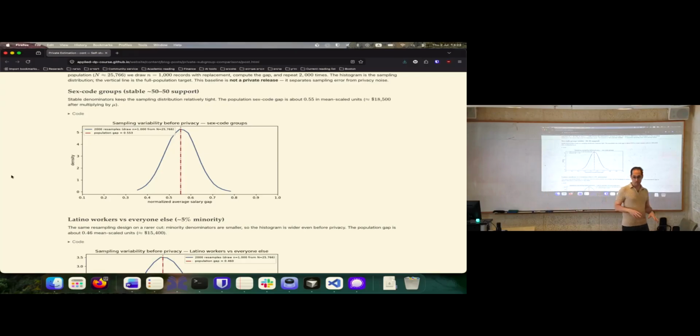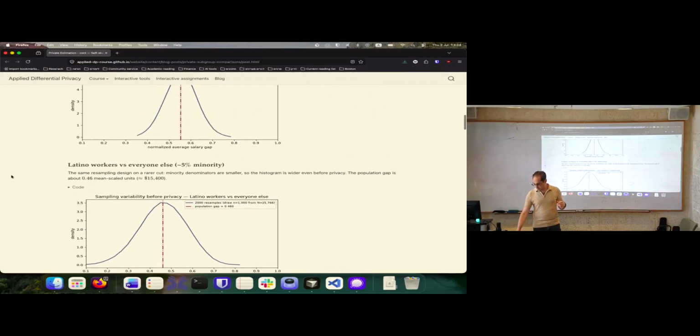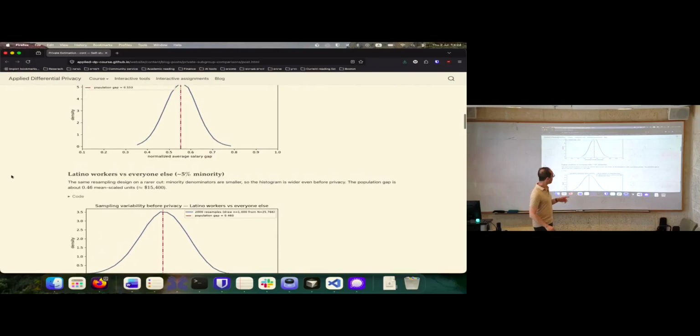For comparison, because as we said, the size of the smaller group of the two will be very important, I considered a different binary predictor, which was: are you Hispanic? About 5% of the population are Hispanic. And we also have a distribution, but notice two differences.